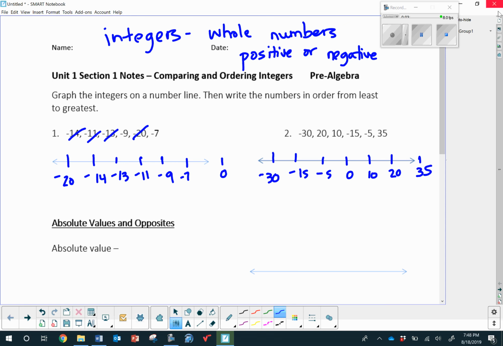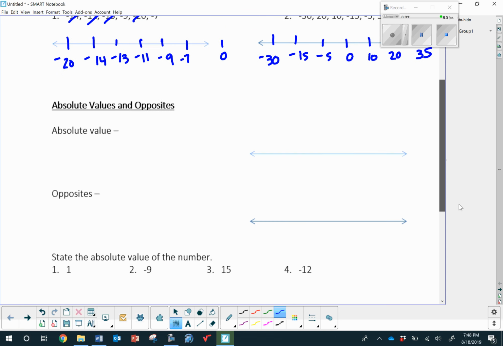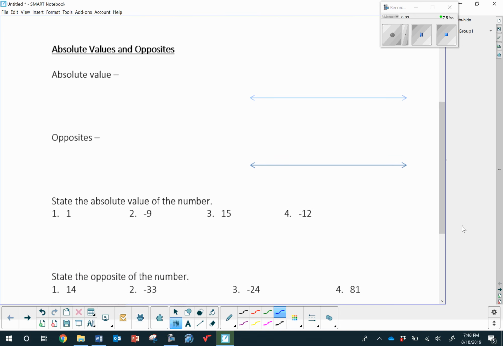Okay, let's go ahead and look down here at 2 other definitions, which are going to be important. So when we think about absolute value, it means the distance an integer is from 0. Because absolute value is the distance, absolute value is always positive.